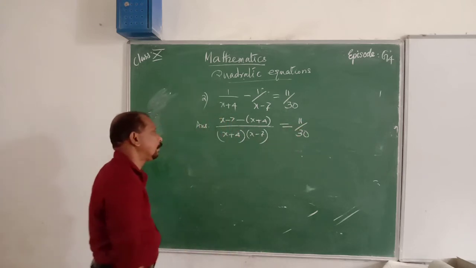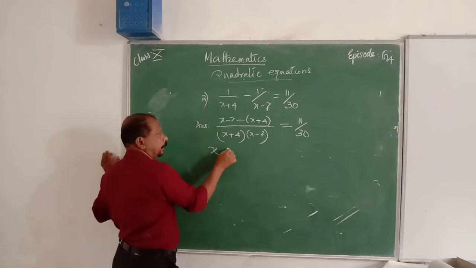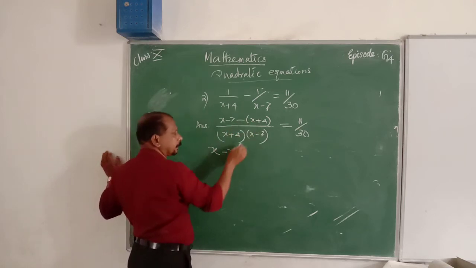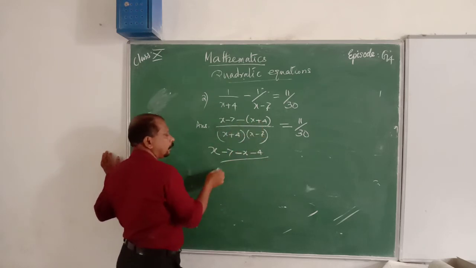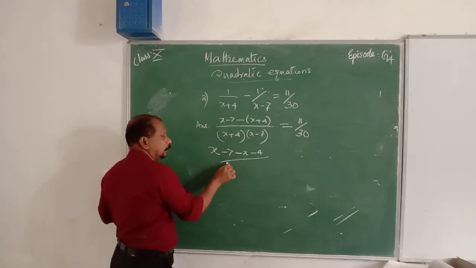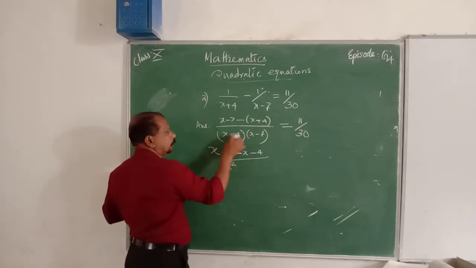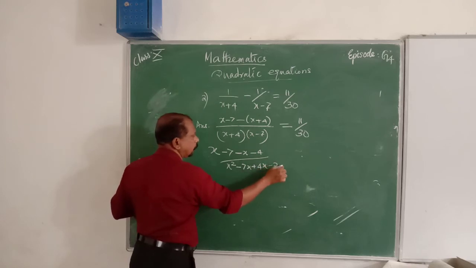Minus of (x plus 4), we have two terms in the bracket. Then open the bracket: that is x, x into minus 7 is minus 7x, 4 into x is plus 4x, 4 into minus 7 is minus 28.